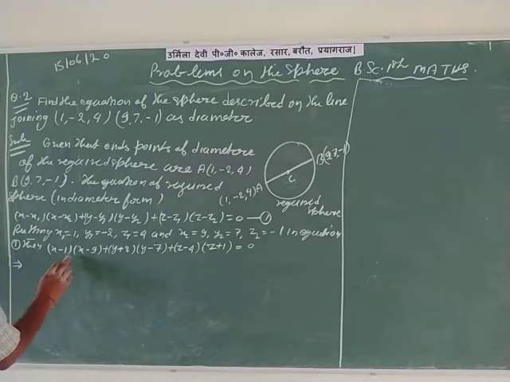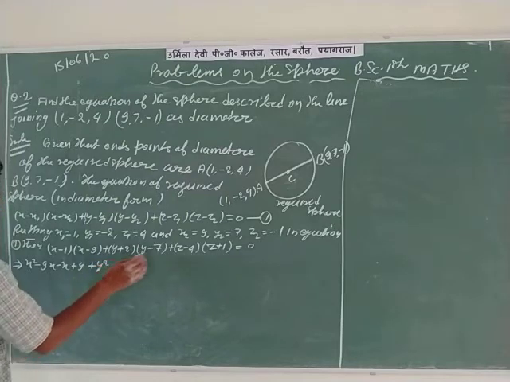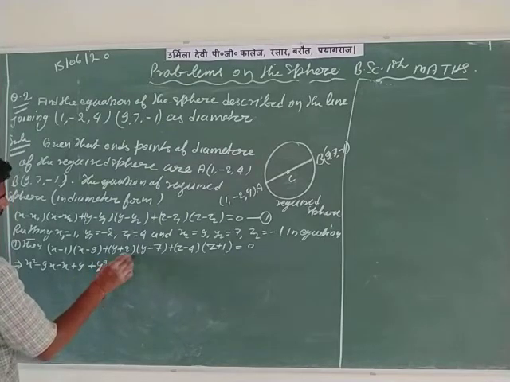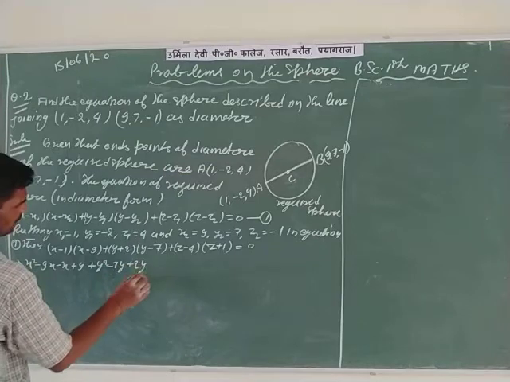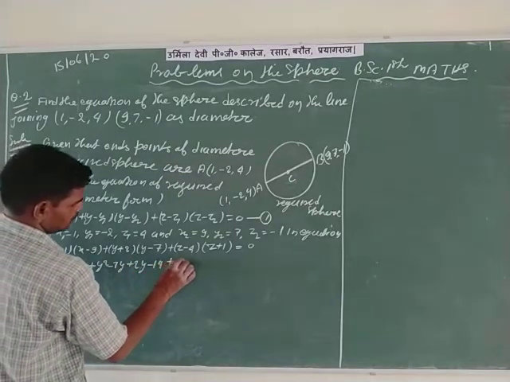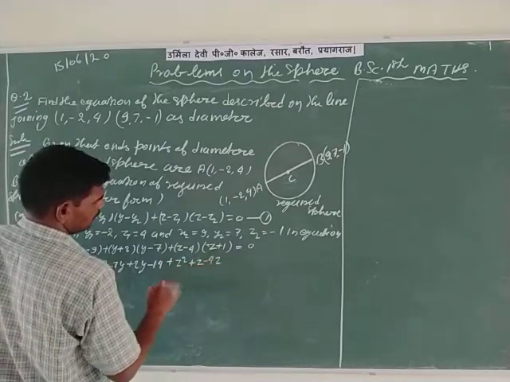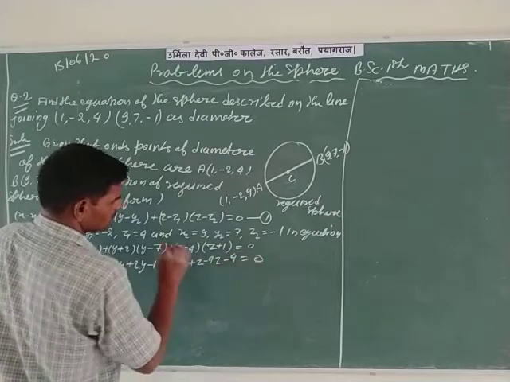So multiply this: x into x square minus 9x minus x and plus 9, plus 9 plus y into y square minus 7y plus 2y and minus 14. At last z square plus z minus 4z and minus 4 is equal to 0.